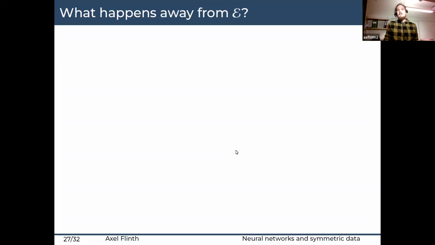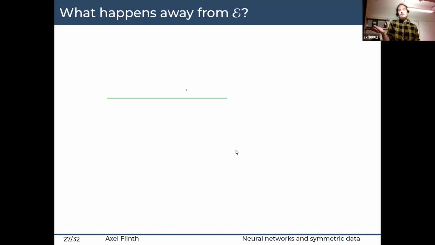So again, what happens if I start my neural networks away from E? So here I have a situation where I pretend that my group action acts by reflection on the weight space in this green line. Then the green line is the set of equivariant points, those that are fixed by the action on the weight space. And if I'm now starting a neural network away from E, anything can happen.